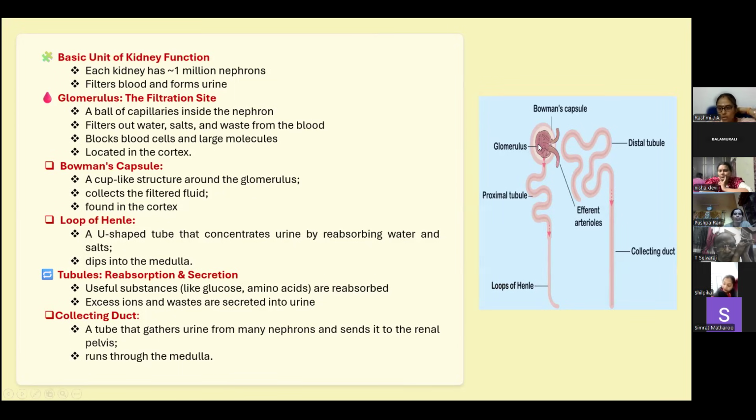The glomerulus is this portion. It filters the salt and waste from the blood. It blocks the blood cells and large molecules. This is very important. If you have an infection or critical conditions like cancer, the functioning of the glomerulus will not happen properly, and that is why people may urinate blood along with the urine.